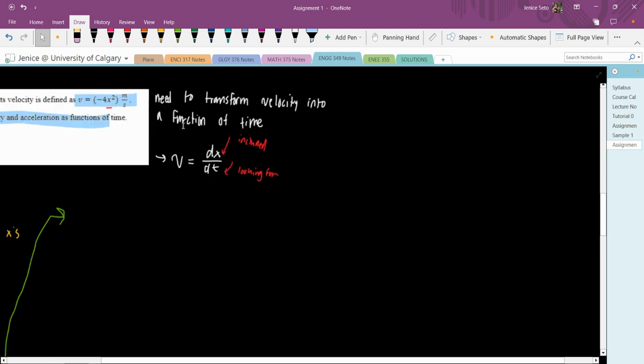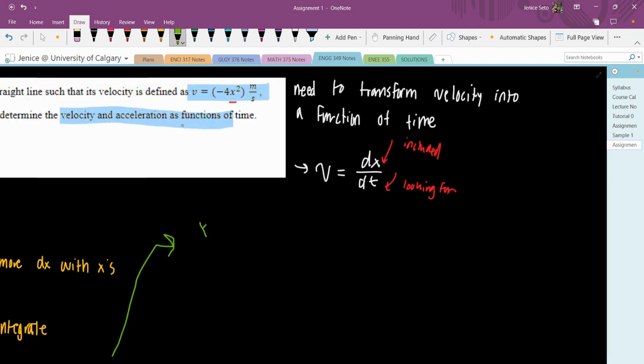We said x was equal to 2 over 8t plus 1. So we're going to take this function here, in this part of our question, and we're going to plug in x.